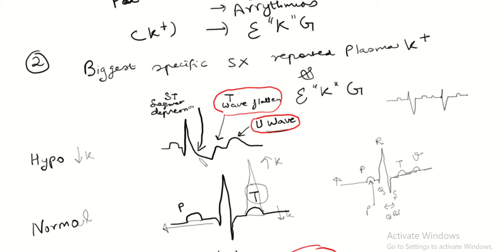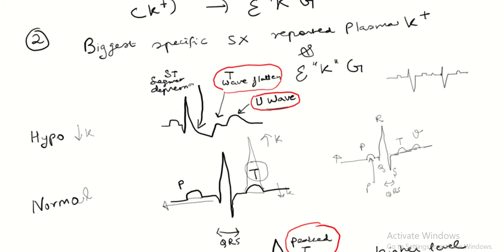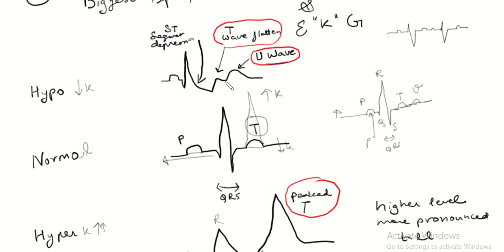Again, one may see ST depression, but again, there are other cardiac abnormalities associated with ST depression. So if I have to remember something for potassium and EKG changes, it's the T wave. If you want to be an amazing, awesome student and awesome nurse, awesome provider, remember hypokalemia, you see a U wave.